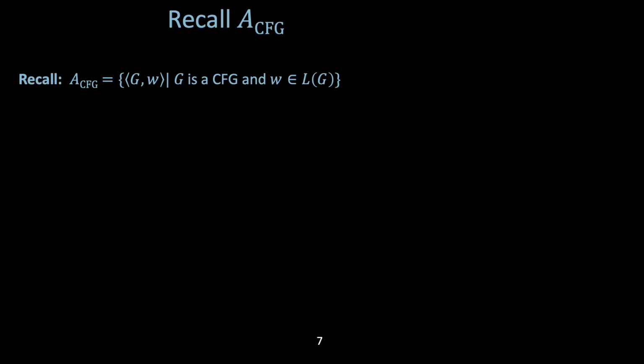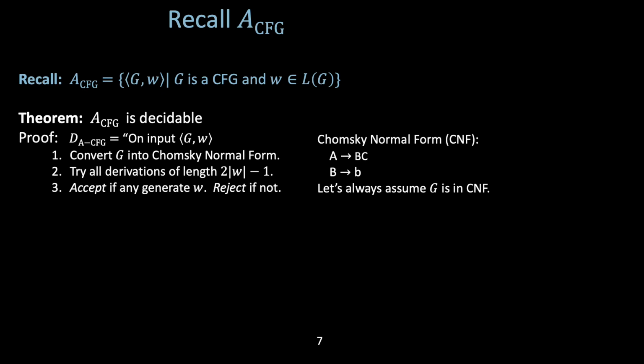G is a CFG, and we want to say, is W in that language given by that grammar G? ACFG is decidable. We've seen this in some other videos or in lecture, where we put an algorithm to show why it is possible to decide it.